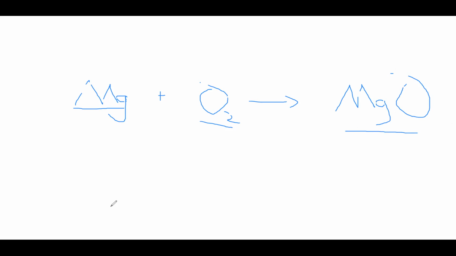So the first thing that we have to do is figure out how many elements of each type are on the reactant side versus the product side.